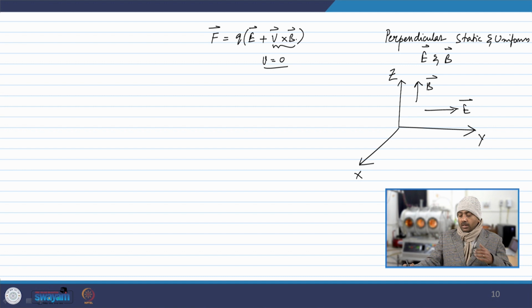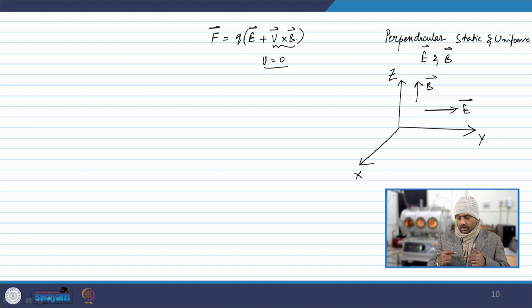But the moment electric field is there, electric field will cause the particle to move along the y direction, and the particle will gain some velocity. Now, the magnetic force will start to act on the particle, because the particle has now a non-zero velocity. Magnetic field will have its effect and deflect the particle sideways.